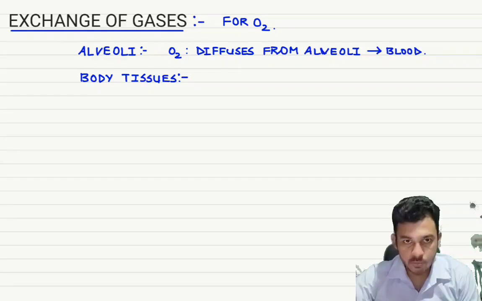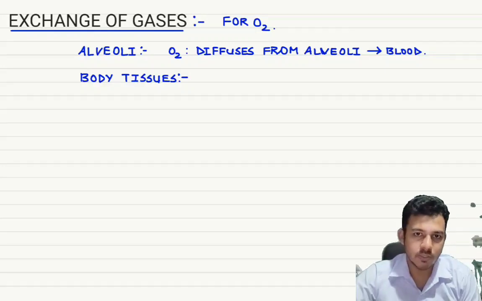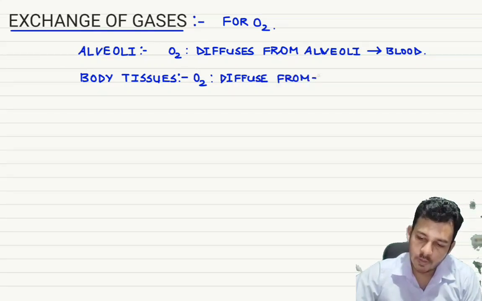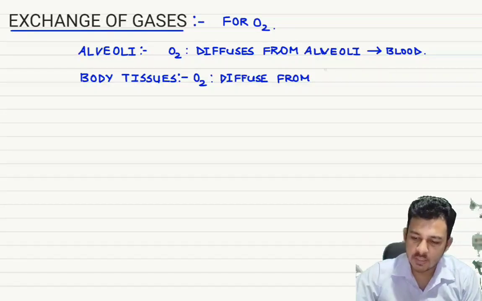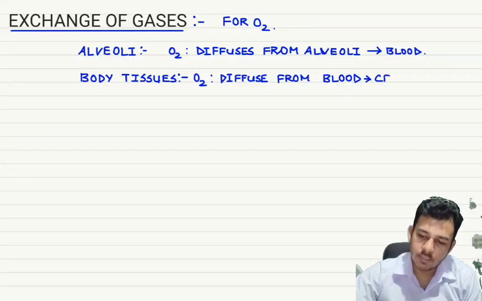In the body tissues, as you know, tissues use up oxygen and undergo respiration to produce carbon dioxide. So here also oxygen will diffuse from the blood to the body tissues, the cells.